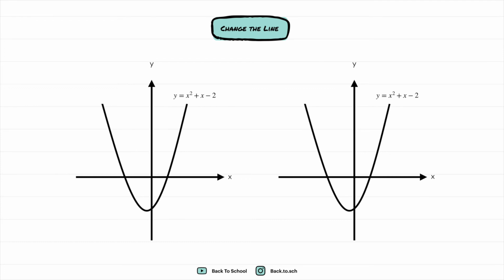Now, I'm going to show you a bunch of lines. We can all agree that this line and this line will meet the curve at 2 points, right? This line and this line will meet the curve at 1 point, and these two lines will not intersect the curve.